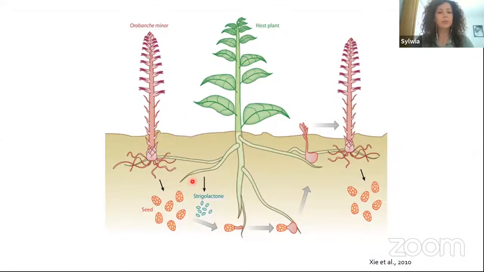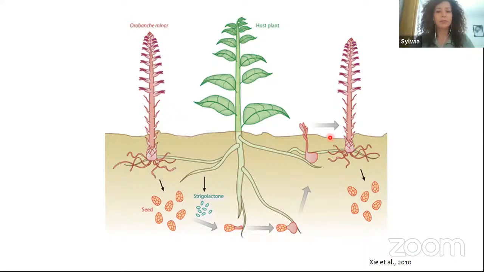So upon perception of strigolactones by parasitic seeds, the seeds will start germinating. They will attach to the root of the host plant and create a specialized organ called the haustorium. Through this organ, the parasitic plant will withdraw water and nutrients from the host, and in that way weaken the host.